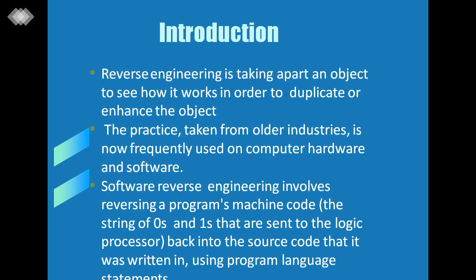Some software reverse engineering involves reversing a program's machine code. Machine code means the string of zeros and ones that are sent to the logical processors, back into the source code that it was written in using programming language statements.